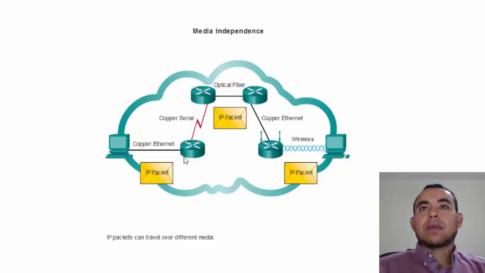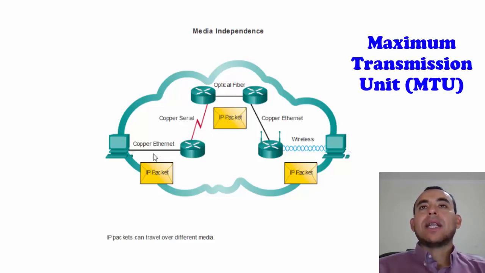One important characteristic, though, that the router or the network layer cares about is the fact that each of these types of media has a maximum transmission unit that limits the size of the frame that can flow over this medium.